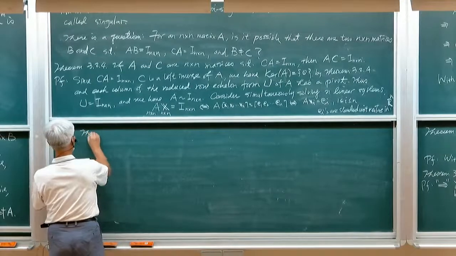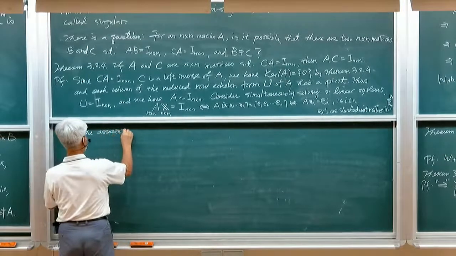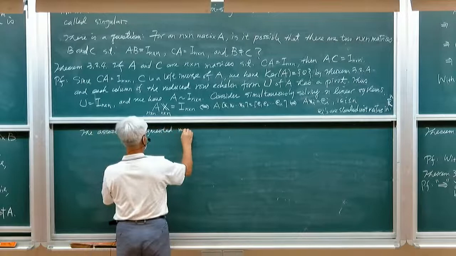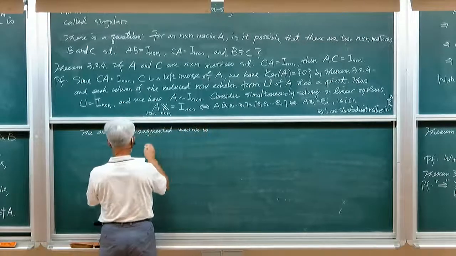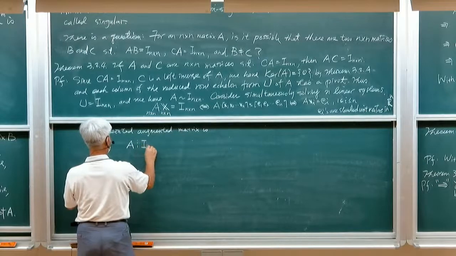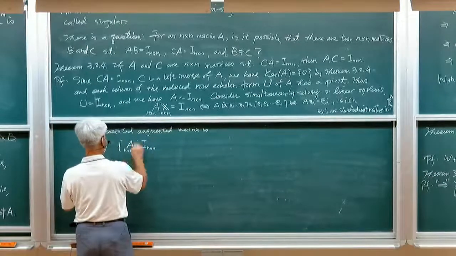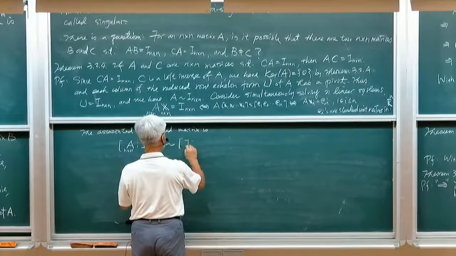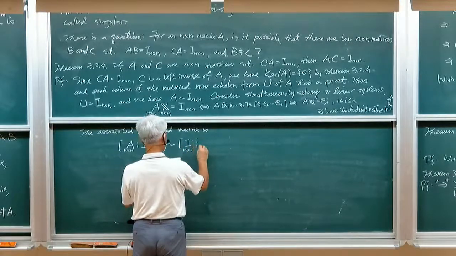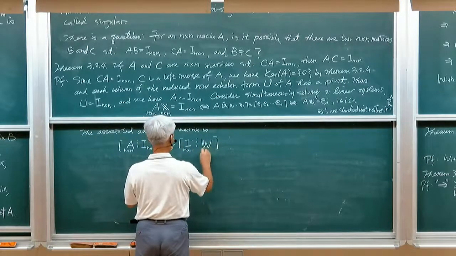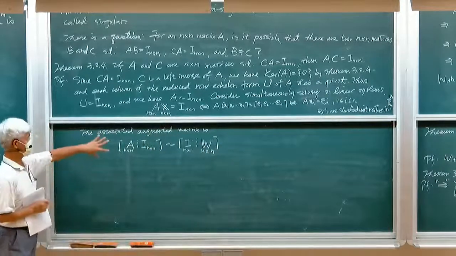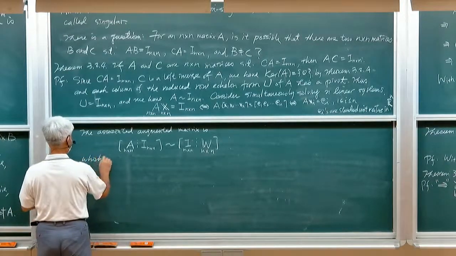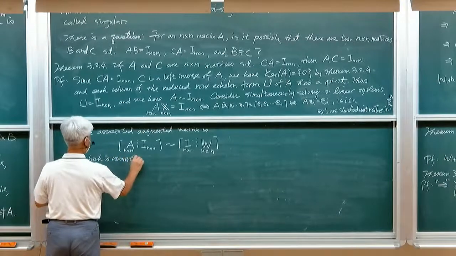So the associated augmented matrix becomes [A | I]. By elementary row operations, this becomes the following, and it is consistent, of course, right?